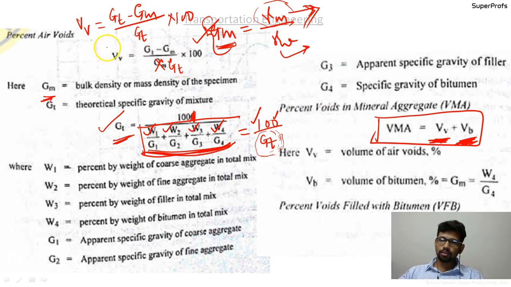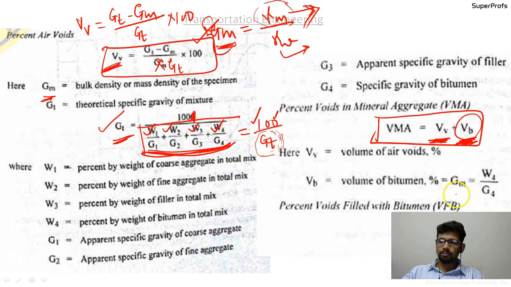VV value we get from this, and that is the reason why we went on to calculate V suffix V, the volume of air voids in percentage. Now we are not yet aware of V suffix B, the volume of bitumen in percentage.